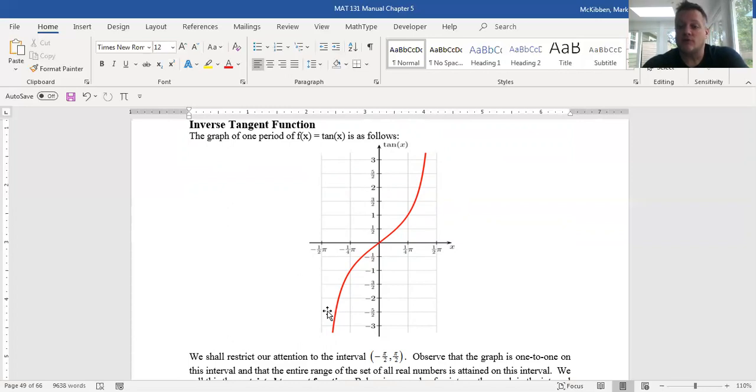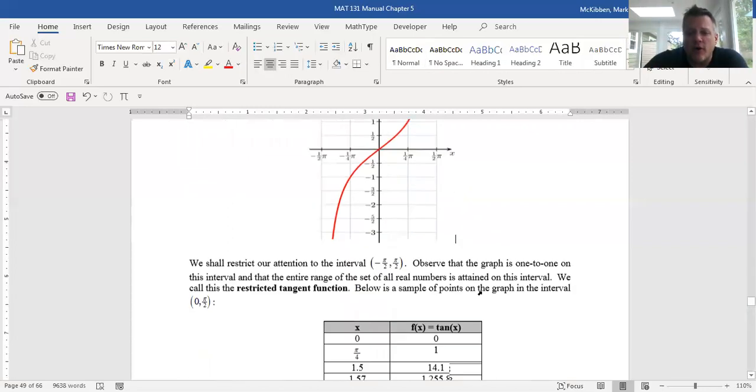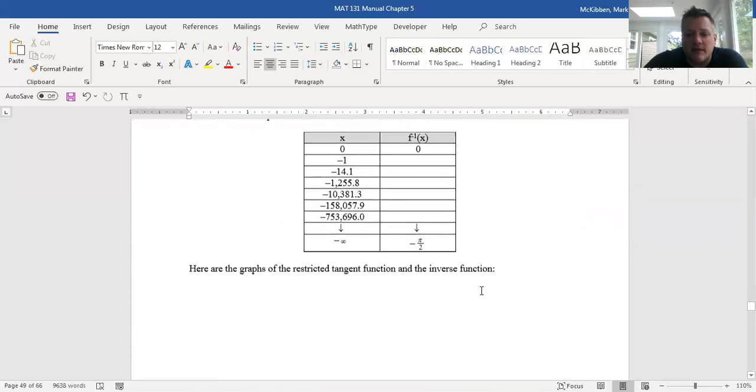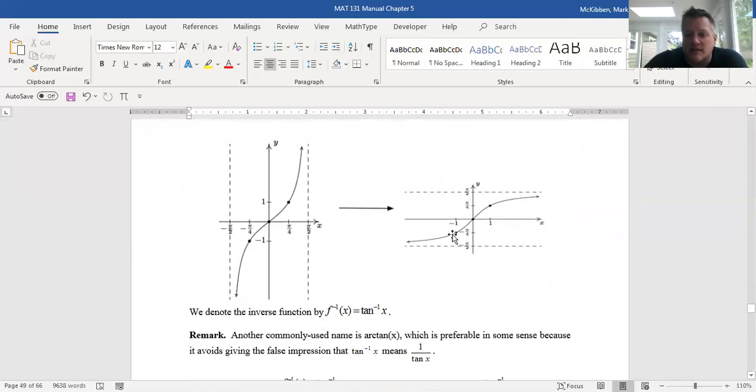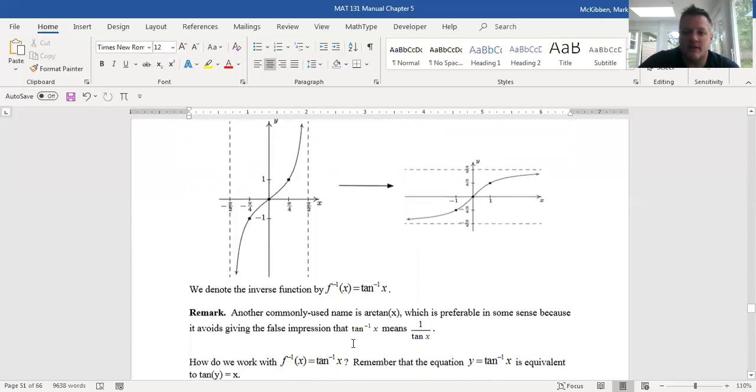So the asymptotes for the inverse function will be y equals pi over 2 and y equals negative pi over 2. Those are horizontal lines. And so the graph you get is this guy here. Okay? We denote that by tan inverse or by arctan, in the same sort of idea.